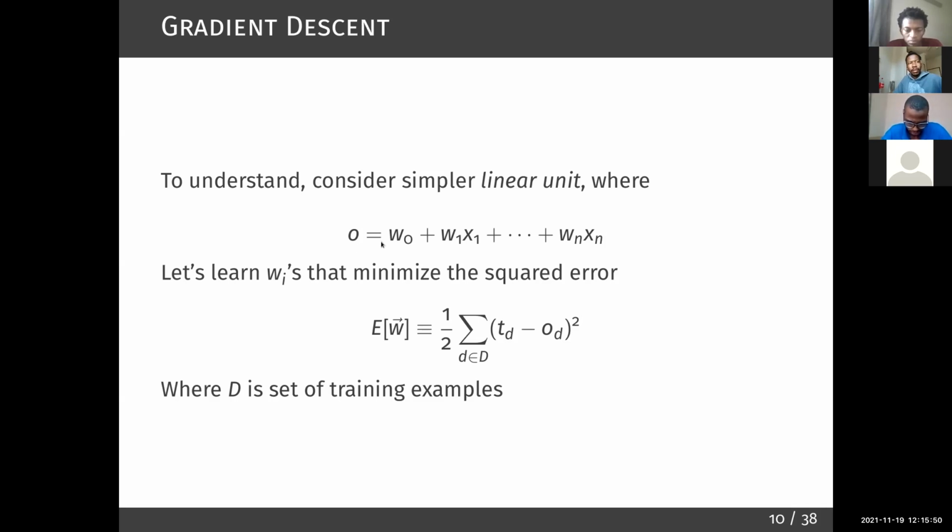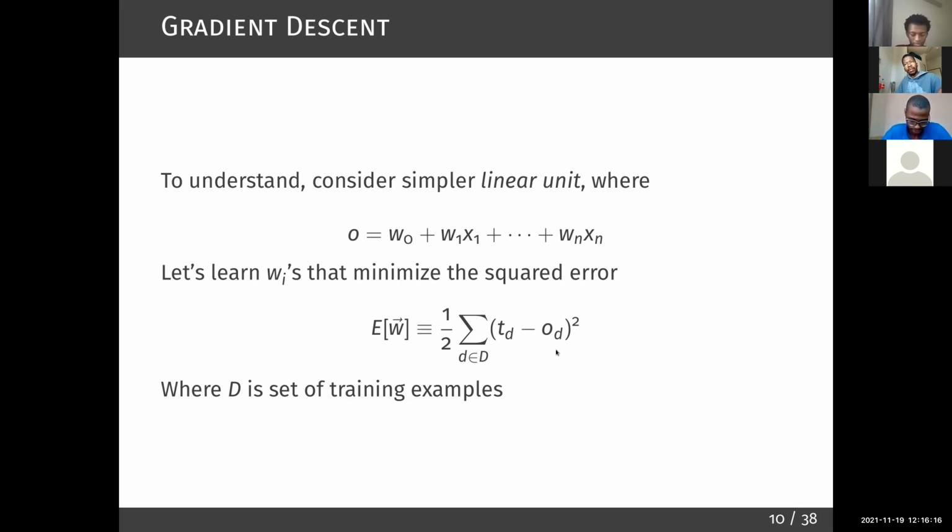So it is just a summation of inputs multiplied by the weights. Our problem here is to know what the proper weights are so that we can properly classify the output given the corresponding inputs. So now, how do we learn the W's?